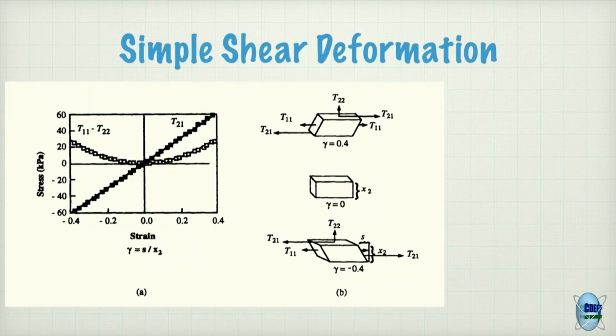Just like we derived for the uniaxial case, I would like you to, it will be another homework assignment, do the derivation for the simple shear case using the neo-Hookean model. And hopefully what you will be able to show is that the components of the total stress tensor, the 2-1 component, which would be the shear component, will be proportional to the strain, and you will also be able to show that sigma 1,1 minus sigma 2,2 gives you that quadratic curve, right.